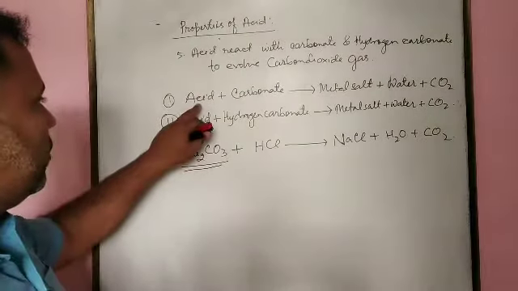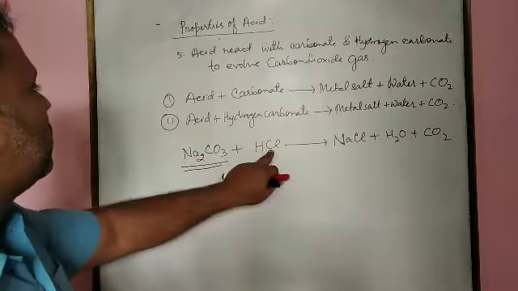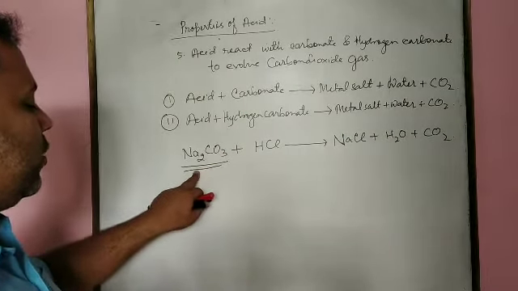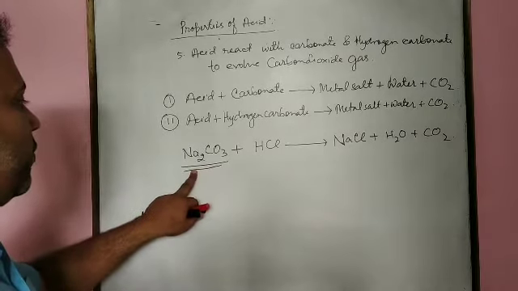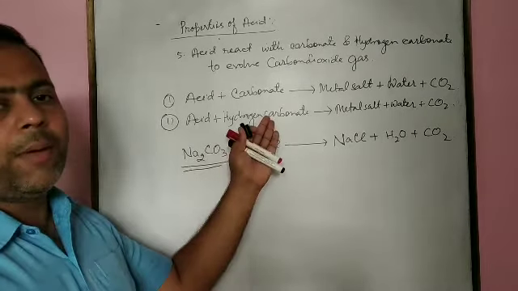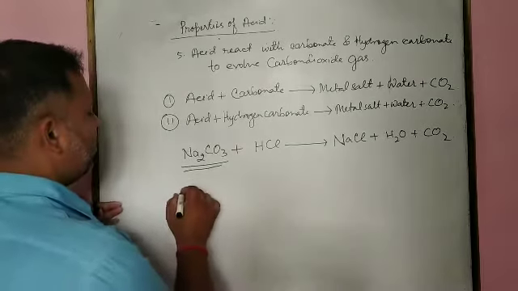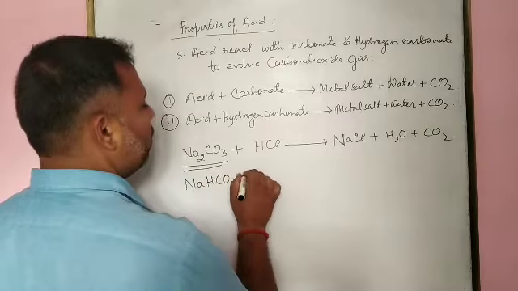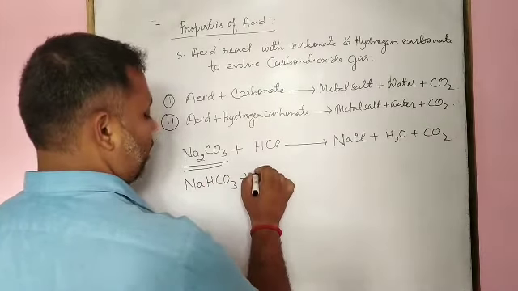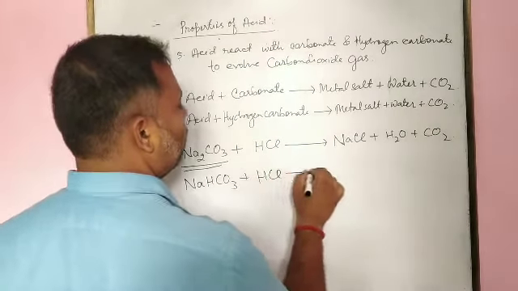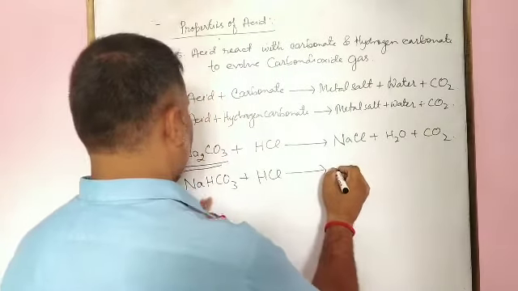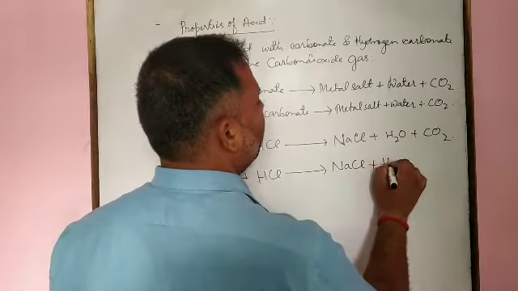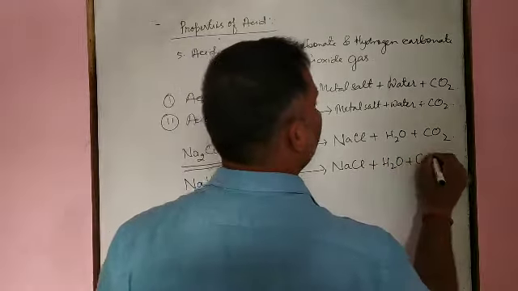So the next we have another example for hydrogen carbonate. When sodium bicarbonate, NaHCO3, reacts with an acid, that is HCl, it forms NaCl, sodium chloride, plus water plus carbon dioxide.